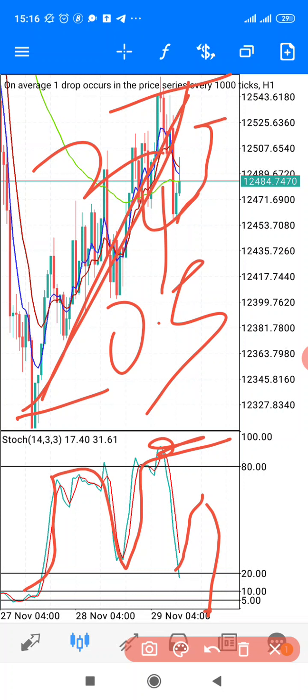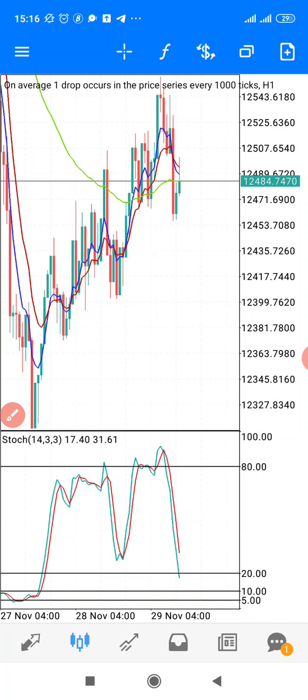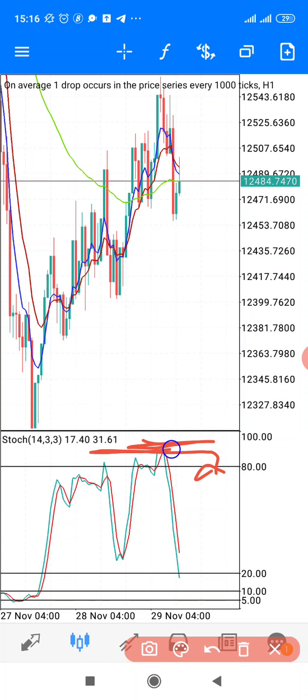You have made money. And when you see this here, once it's approaching 80, or let's say there's a level called 90 here, just come out. Let it do whatever it wants to do.